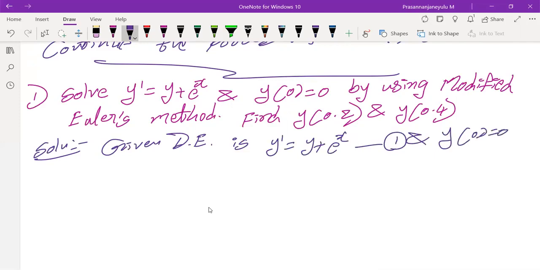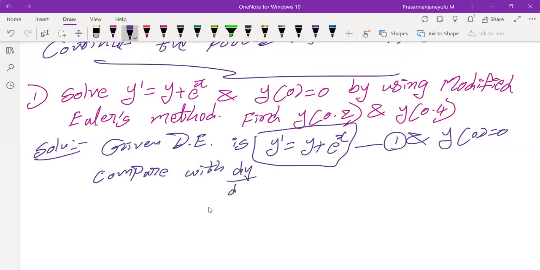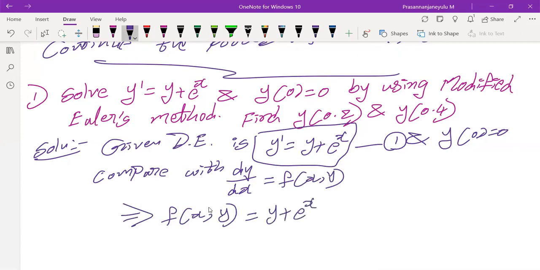With which one do we have to compare this differential equation? We have to compare it with dy by dx equals f of x comma y. Then we can identify that f of x comma y equals y plus e power x. This is very important for us; I'm taking it as equation number 2.